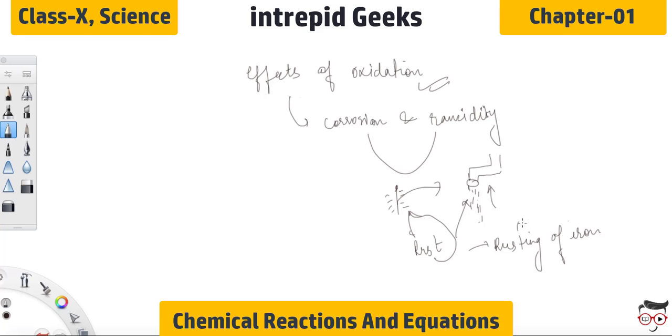So metals can be attacked by acids and moisture, which leads to a change in the property of the metal, whether they get corroded or they get layered. So it is said to corrode, and this process is called corrosion.